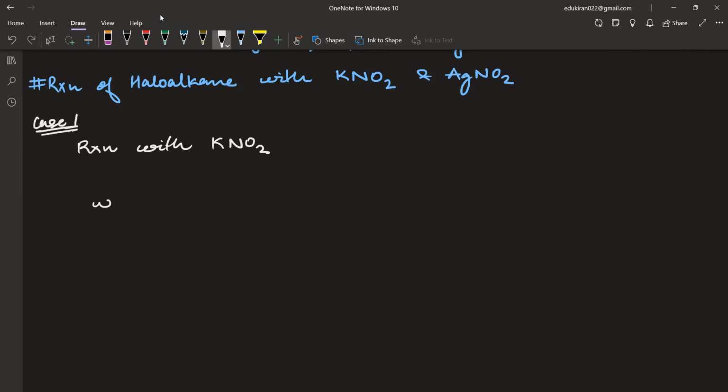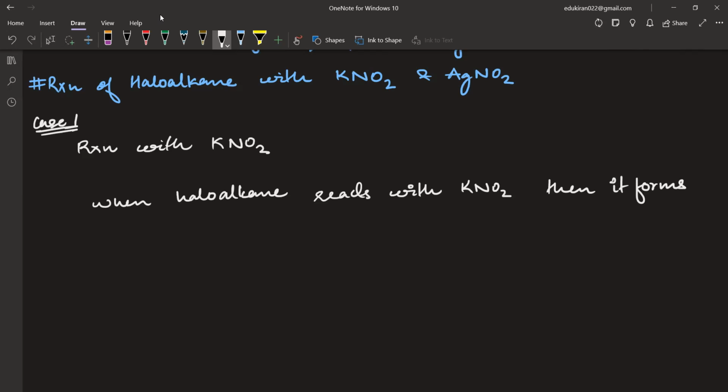So please write: when haloalkane reacts with KNO2, it forms alkyl nitrite.